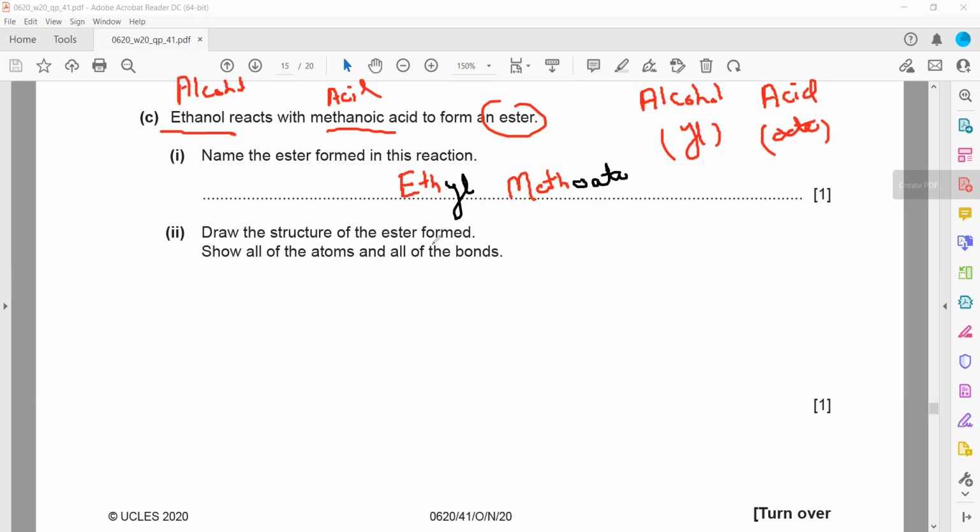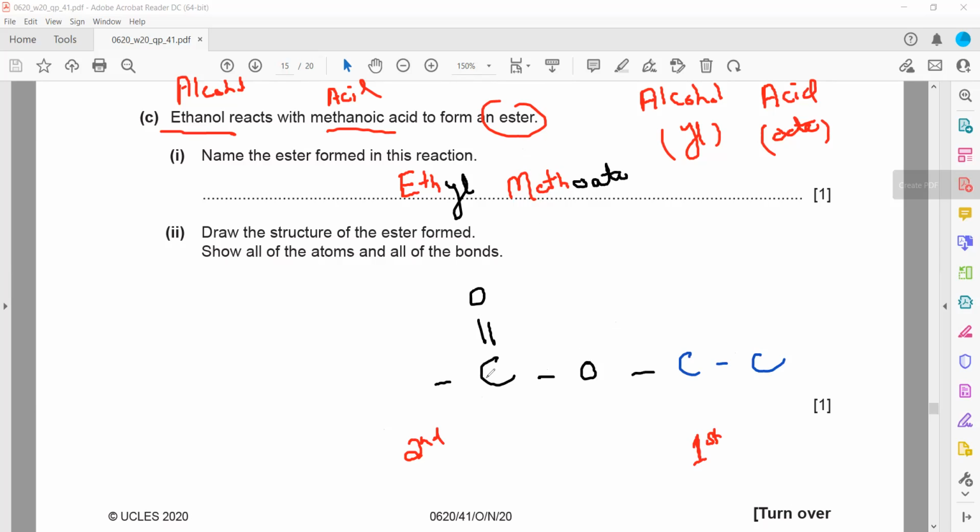Then we have to draw the structure of the ester and show all the bonds. So C double bonded with O. The part which is attached to oxygen, we name first, and the part which is attached to the carbon, we name second. So ethyl, eth means 2 carbons, so we have to draw 2 carbons, 1, 2.